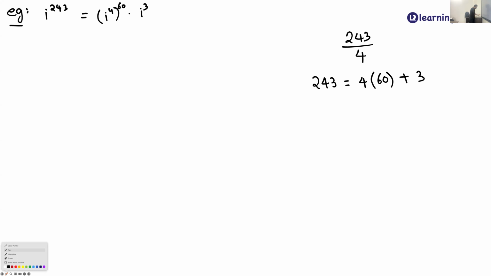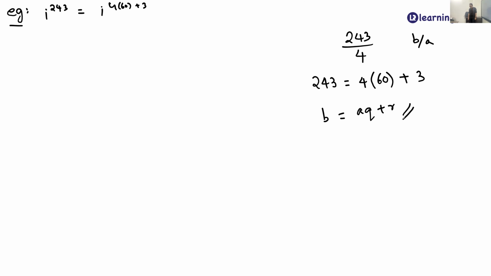Listen. Can I write this as i power 4 into 60 plus 3? So basically what I did is, if I'm dividing B with A, I wrote B is equal to A times Q plus R. I'm using the division lemma. Take that and write it here.